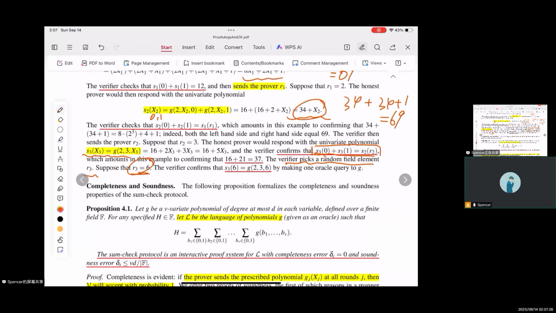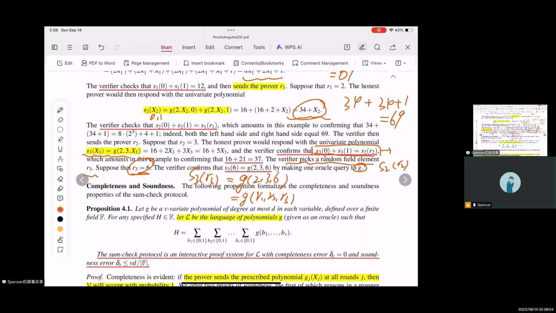The verifier just confirms S3(R3), in parallel to the previous step where there is S2(R2). But for S3(R3), we do not have S4(0) plus S4(1). So in this last step, we should query G to verify whether S3(R3) equals G(R1, R2, R3).